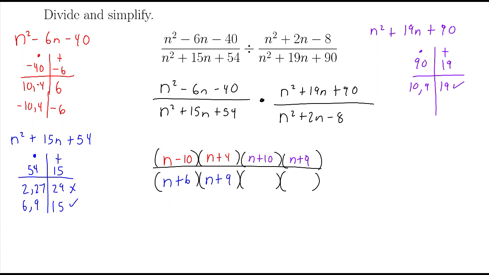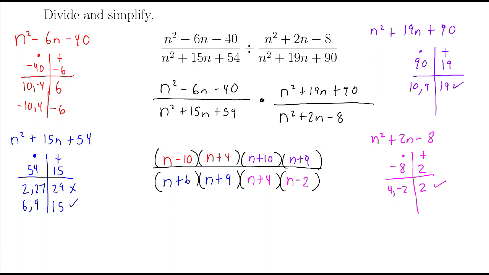And then finally, n squared plus 2n minus 8. I need two numbers that multiply together to be negative 8, but add together to be positive 2. 4 and negative 2 come to mind first. Those add up to 2. So n plus 4, n minus 2.